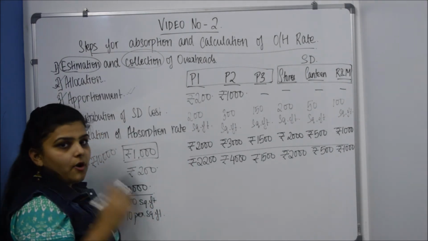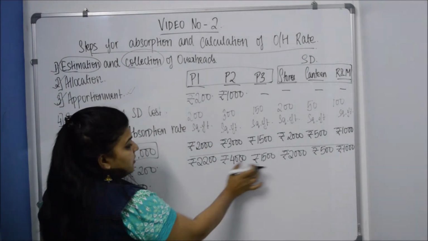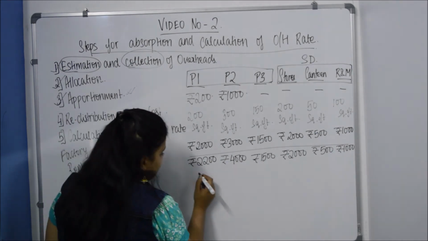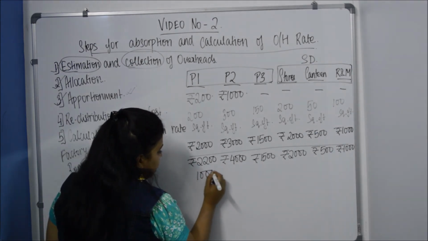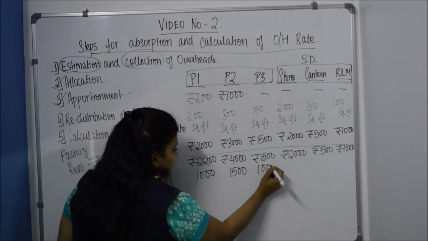Let us say for the time being, I am taking that these 3,500 is distributed between these departments as, let us say, 1,000, 1,500 and 1,000.